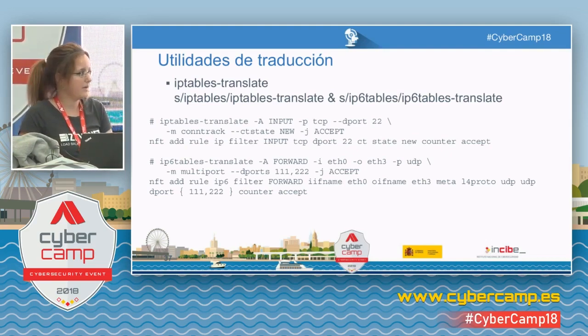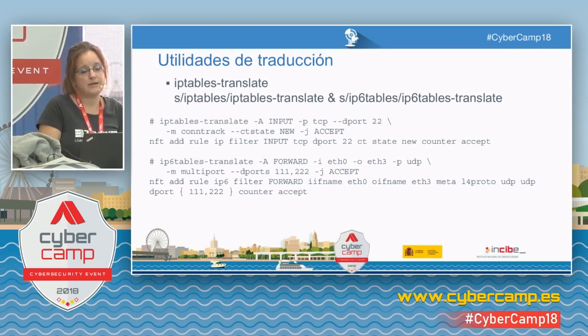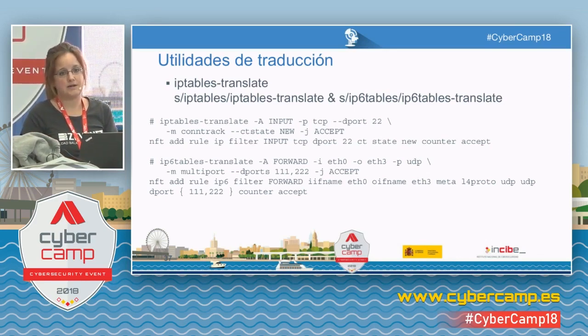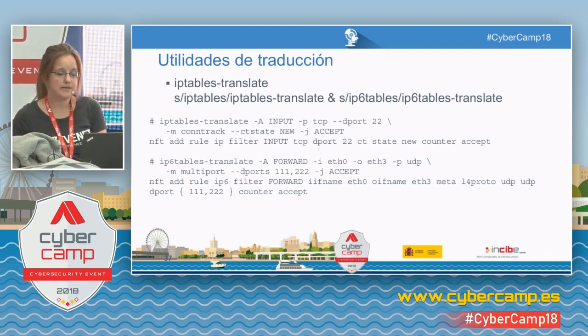But iptables and nftables are incompatible, as in you can't use them at the same time. So if your system is working with iptables, you should first install the compatibility layer so that those rules would be working.